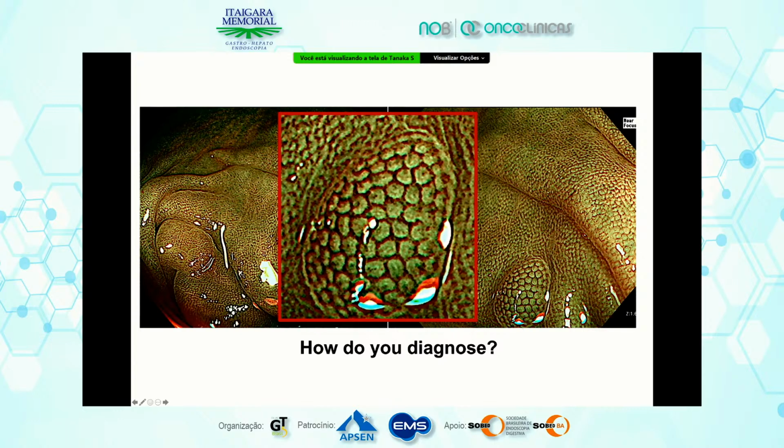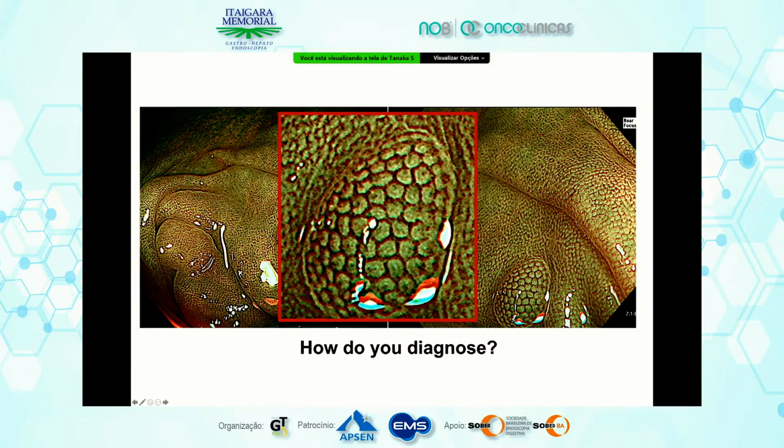Please see this slide. This lesion is accompanied by a honeycomb-like vessel pattern. However, the surrounding mucosa is also accompanied by the same honeycomb vessel pattern. Even in normal chronic mucosa, if there is mild inflammation, a honeycomb vessel pattern like this occurs.